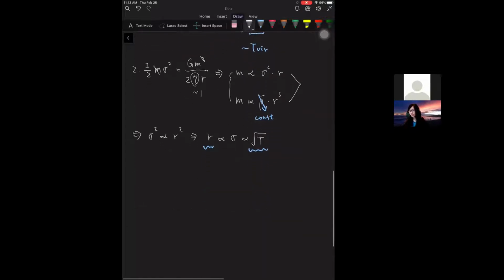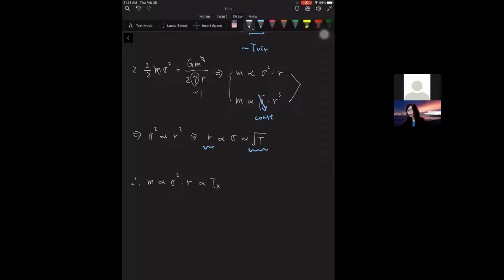Okay, so now we get R proportional to square root of T. We already have the mass proportional to sigma squared times R. And we know that sigma squared is proportional to T, the X-ray temperature.